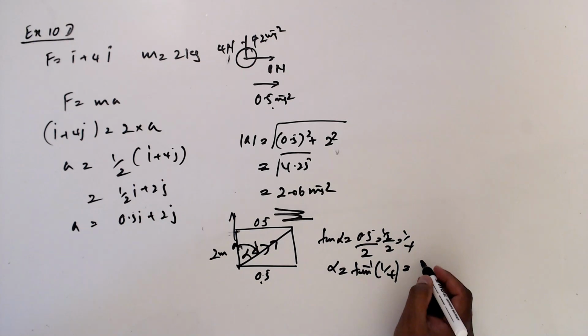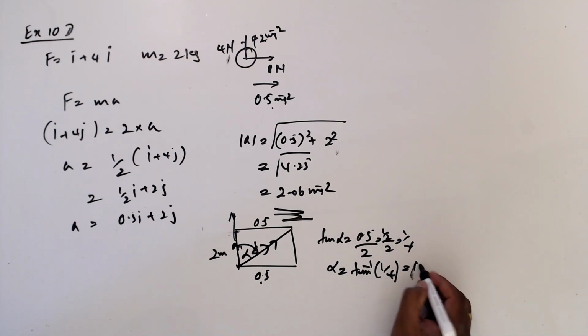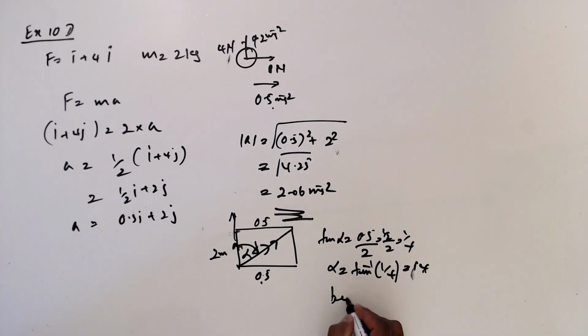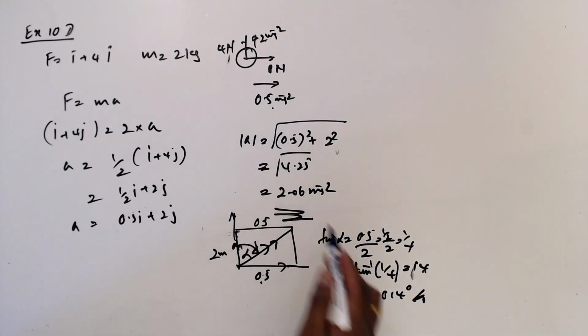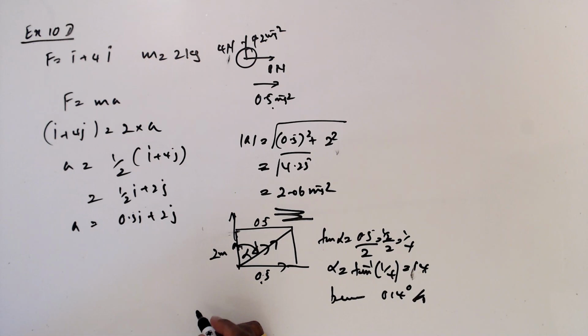So this is going to be 14 degrees. So the bearing is 014. So we found the magnitude of the acceleration and the direction.